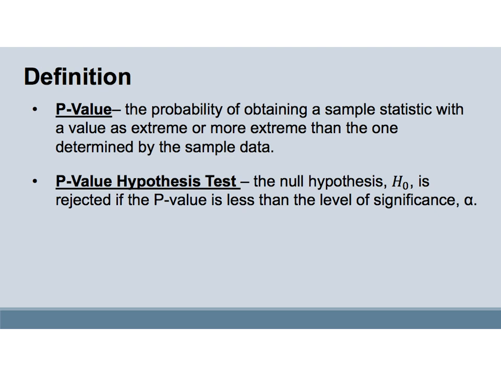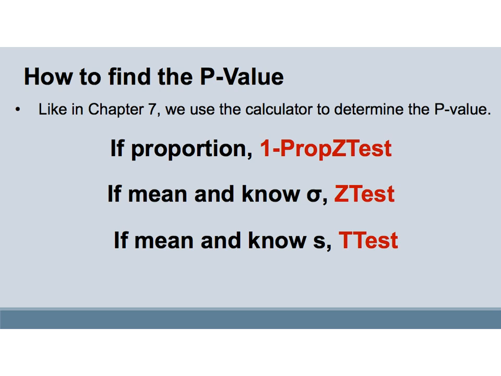We're going to use a calculator function, but we're going to use the calculator function for hypothesis tests. The three calculator functions that you can use to find that p-value are 1-prop z-test, z-test or t-test, and these are all under stat test, just like the intervals were.